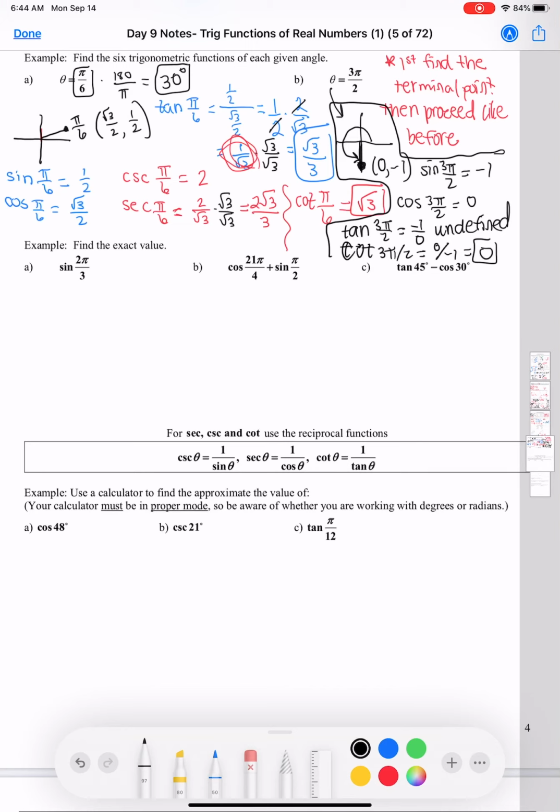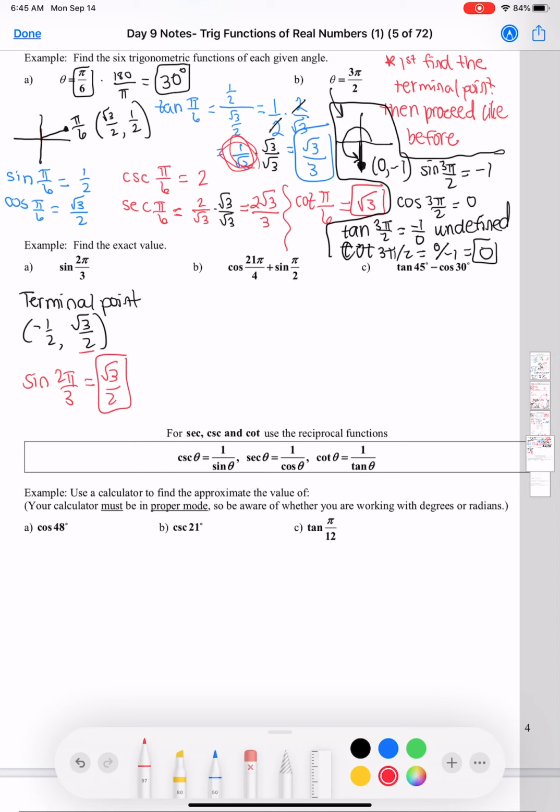So looking at your unit circle, or maybe if you've memorized it, we have 2π/3, that terminal point there is going to be -1/2, √3/2. And so sine of 2π/3 is that y value, √3/2.